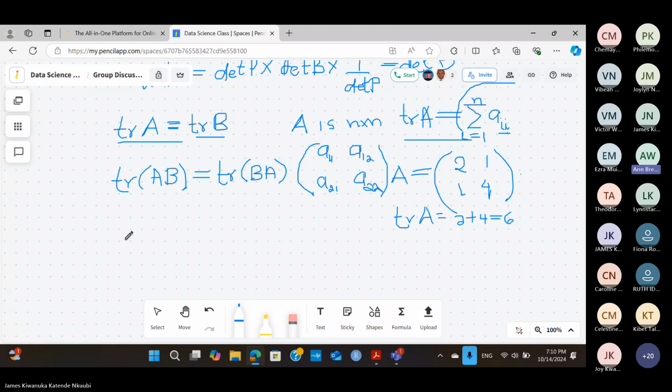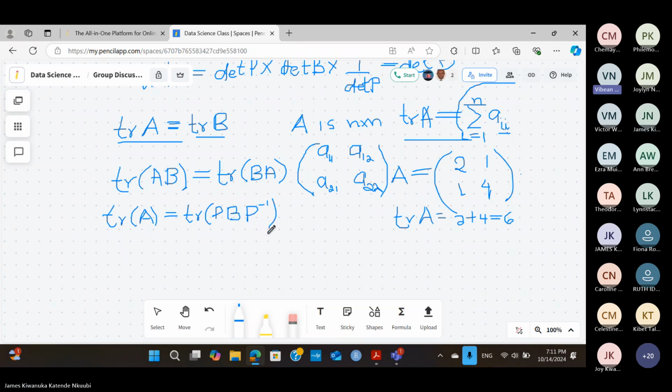So we can say that the trace of A is the same as the trace, since A can be replaced by P, P inverse.